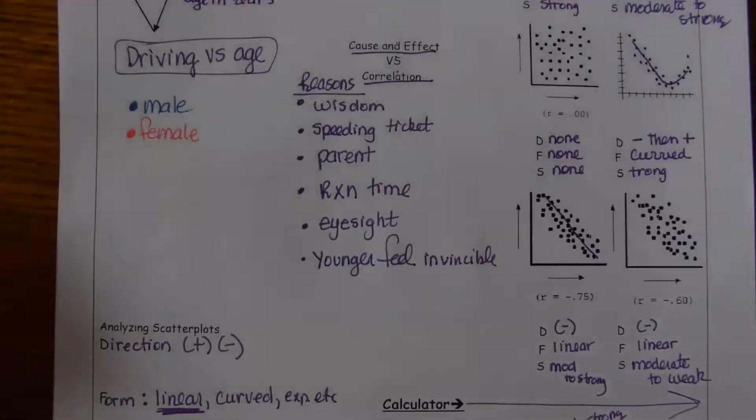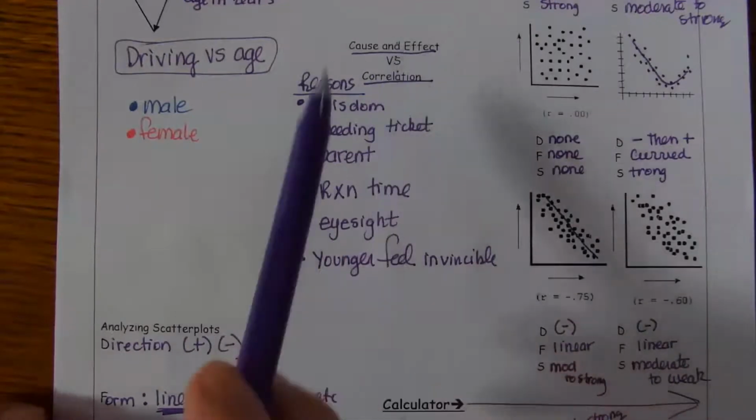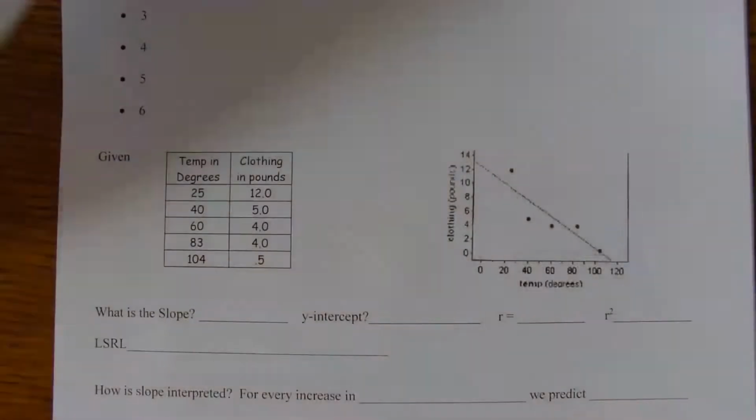So there's a correlation because the TV was the reason you weren't doing your homework, right? Does that make sense? These are very easy to mix up and start thinking, well, this causes that. Does it though? Right? All right, so let's do a problem together and then I'll let you work.